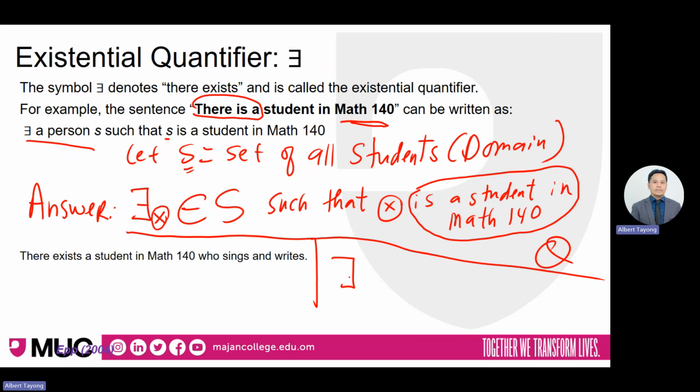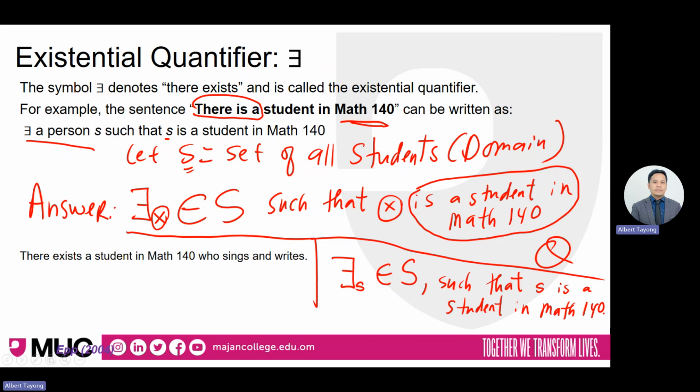So you can write like this, small letter s in S, such that small s is a student in Math 140. You can also write like this.